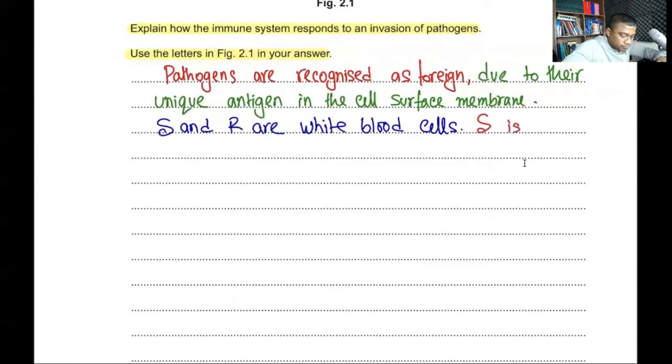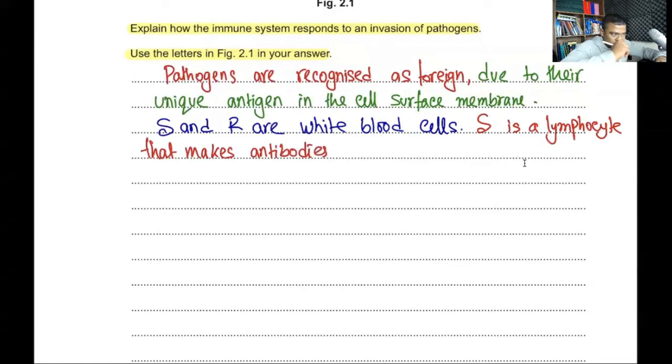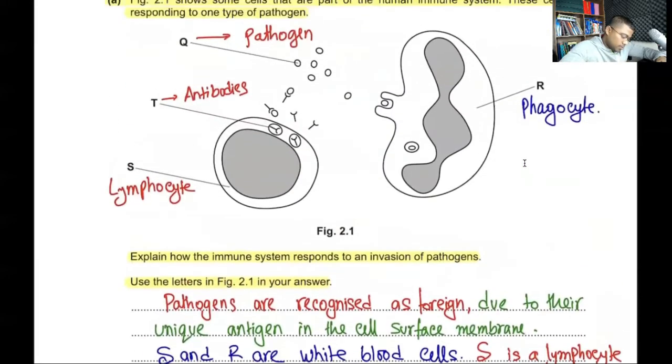S is a lymphocyte that makes antibodies. T are the antibodies made by S.